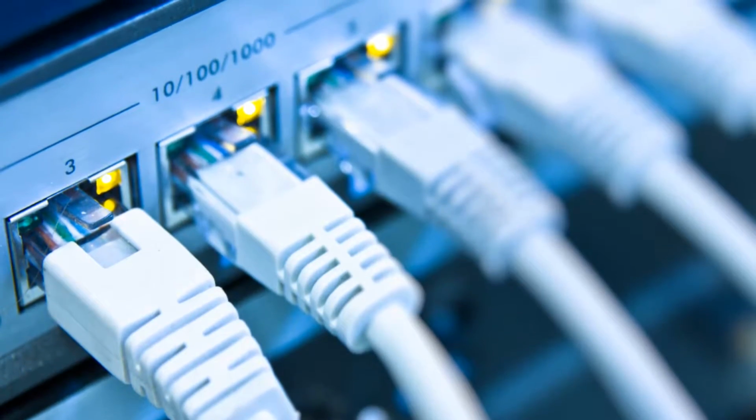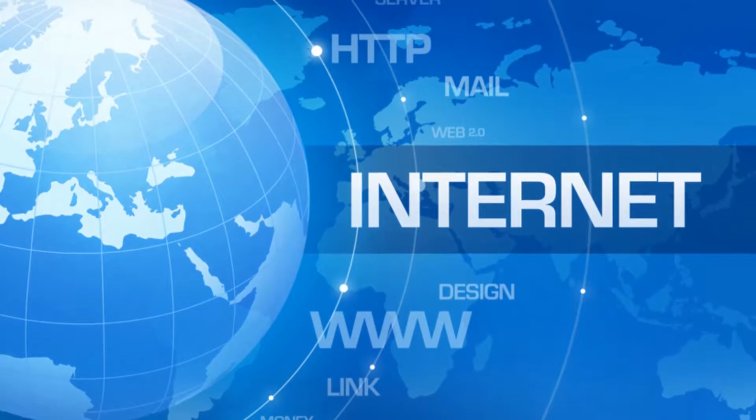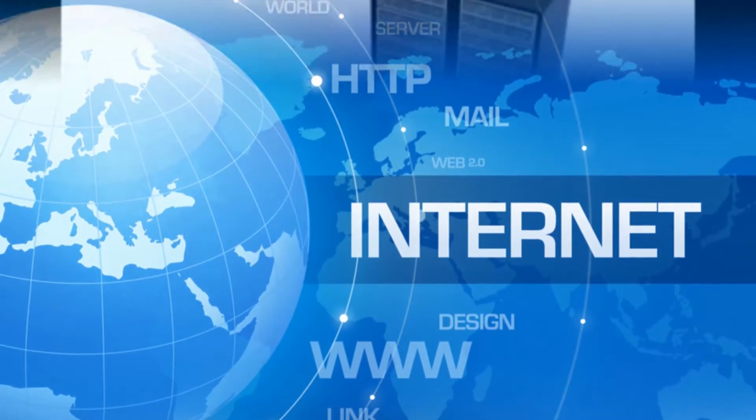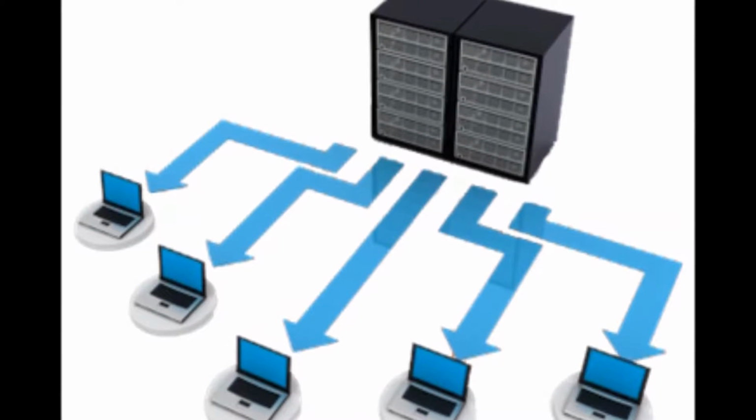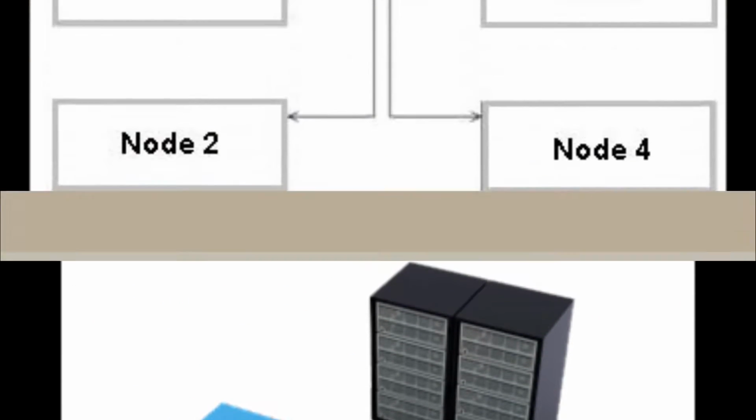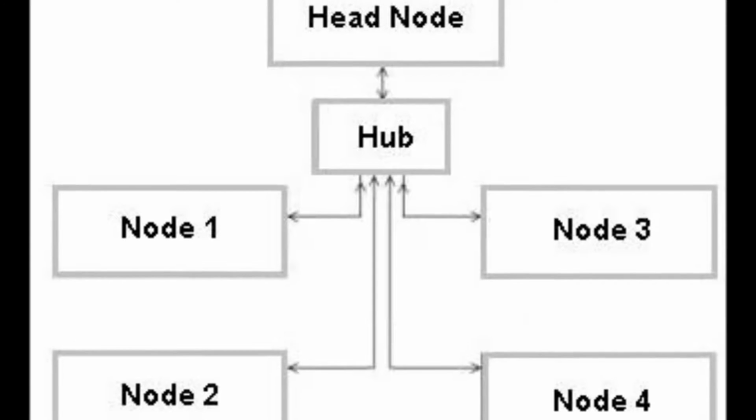The connections between nodes are established using either cable media or wireless media. The best known computer network is the Internet. Network computer devices that originate, route, and terminate the data are called network nodes.